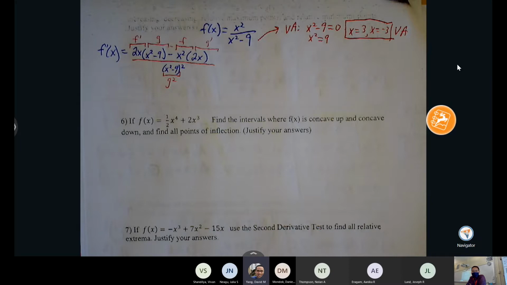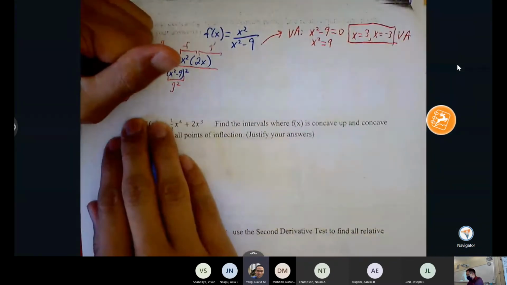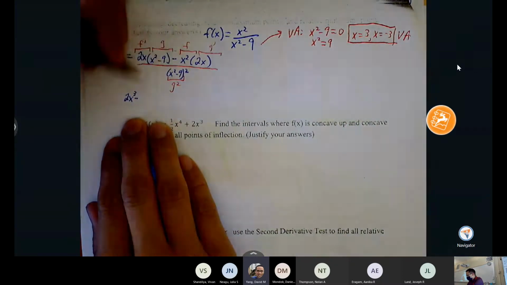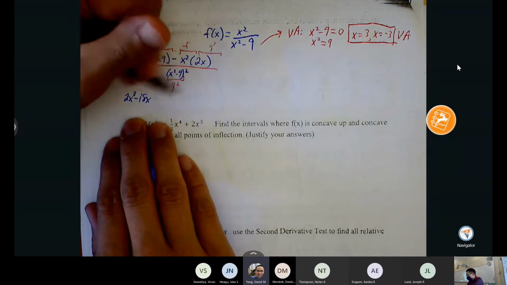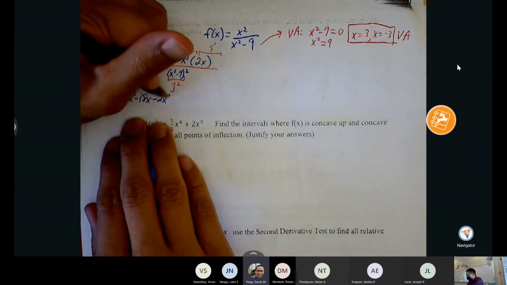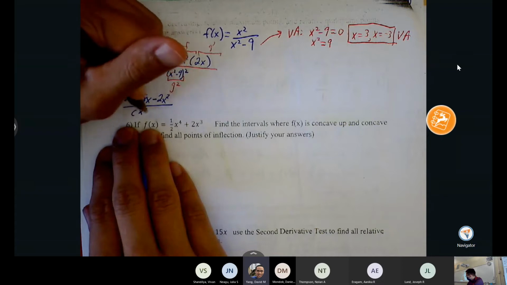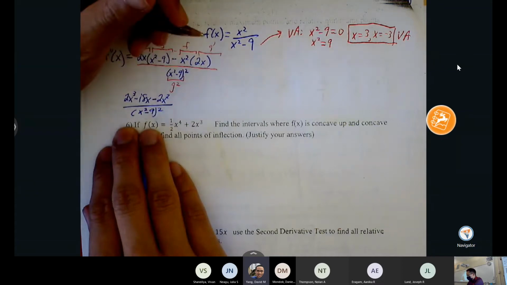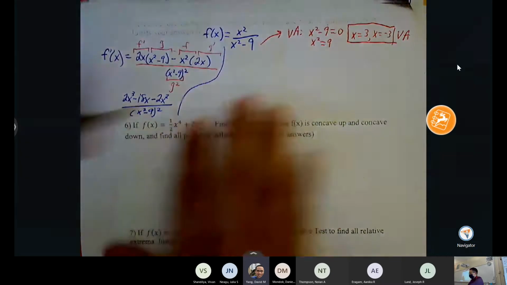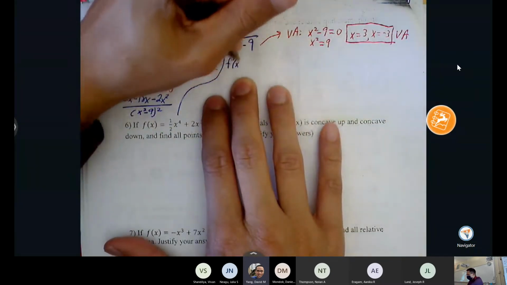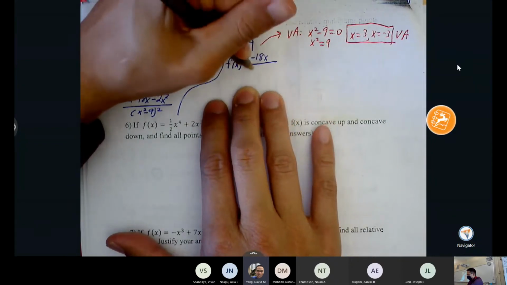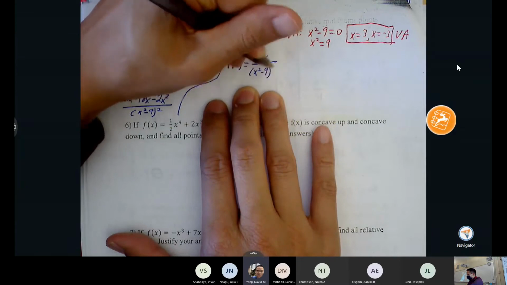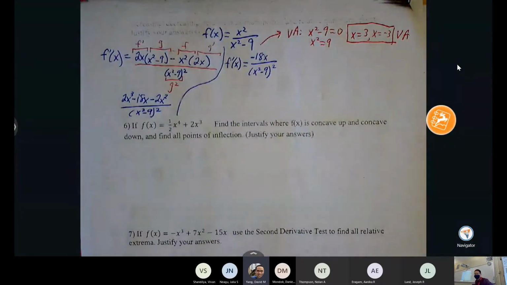We have to distribute the numerator out. All right, so I have my f prime.